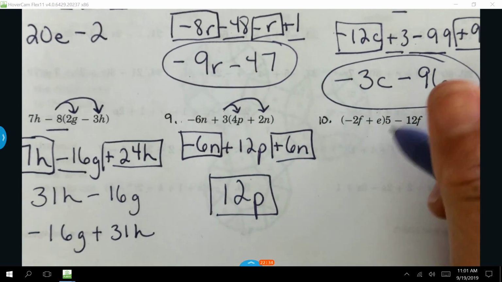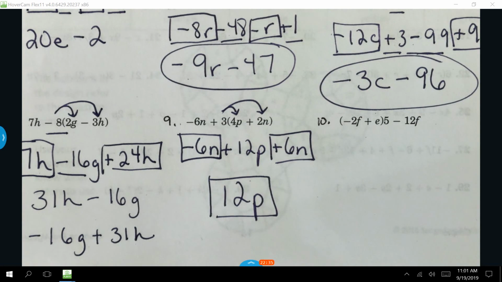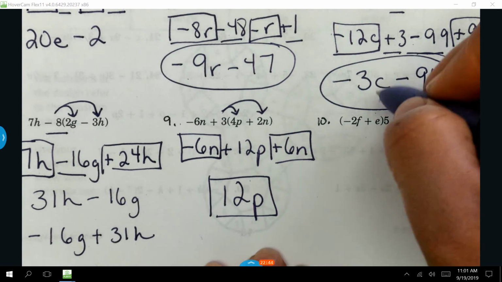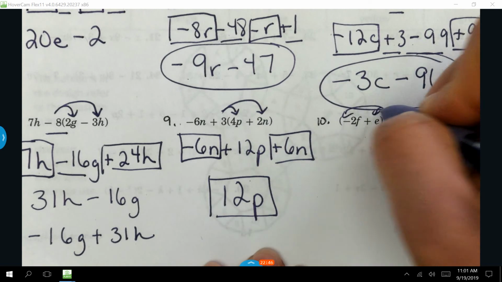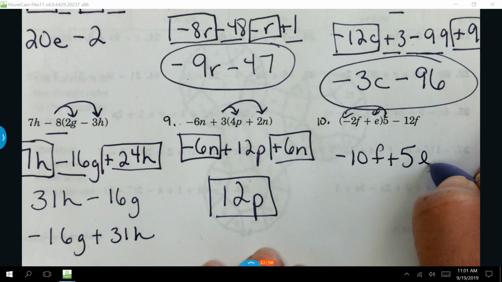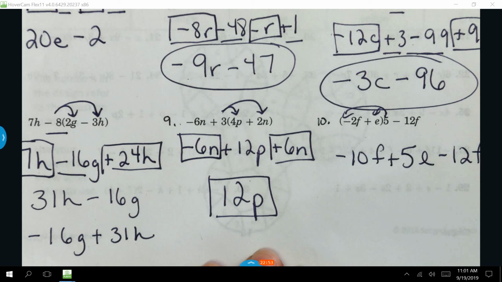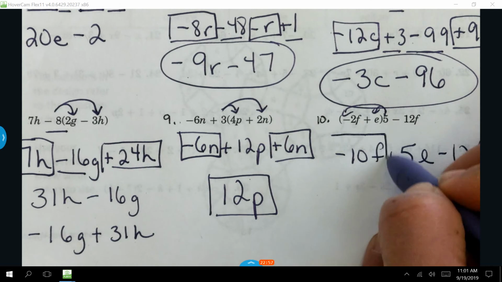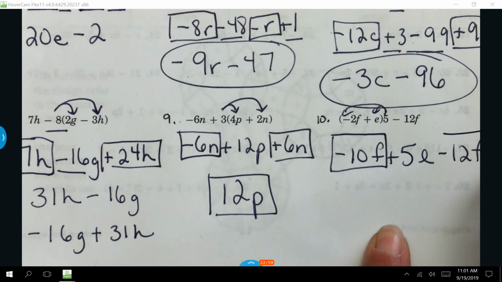And here, again, you don't read right to left, you read left to right. So the 5 is not negative. That goes with the 12f. So when we distribute the 5, it is -10f plus 5e minus 12f. That is an e. It just looks weird. Combine like terms.